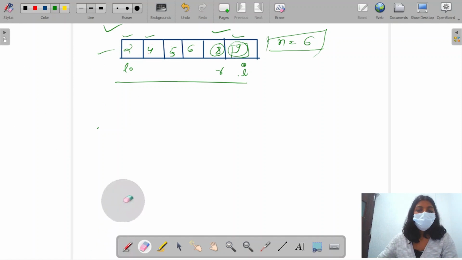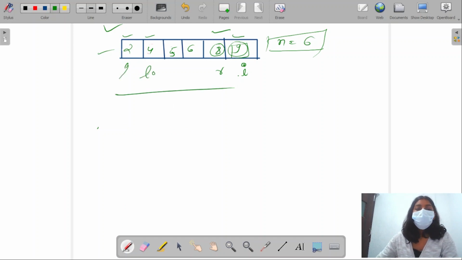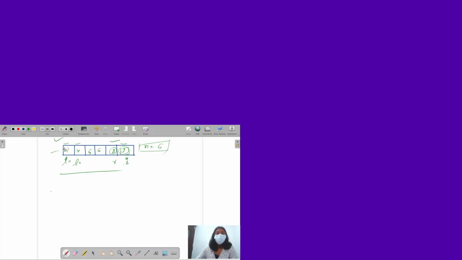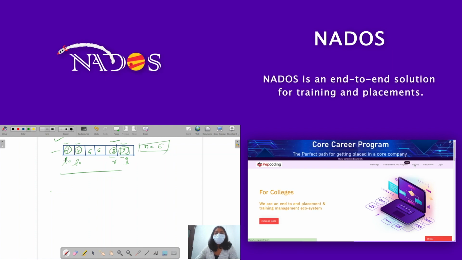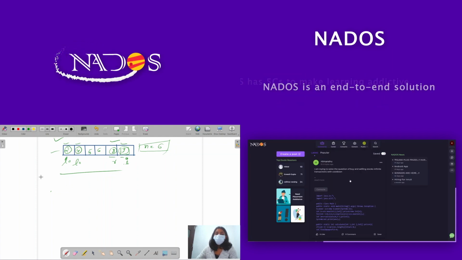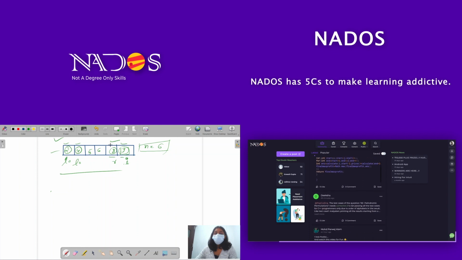Now let's do what? If this forms a triangle, now let's increase my low. If I say these 3 sides, when my low was at this side, were forming a triangle, then if I increase my low, it is also going to form a triangle with these 2 sides.